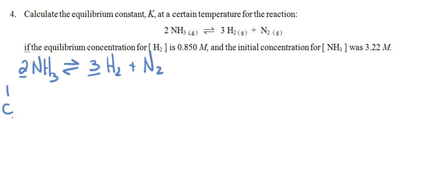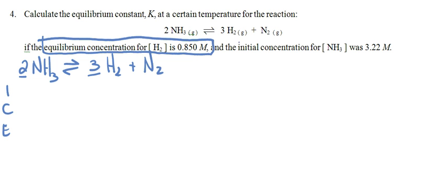So we ICE it. Okay, and really pay attention. If you need to start boxing in information like equilibrium concentration for hydrogen, that is not a bad idea. Initial concentration for ammonia, that. Sometimes we read the question, but we allow the words to intermingle or mean more than one thing.